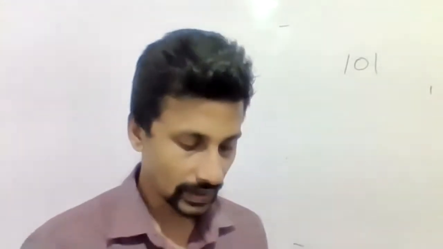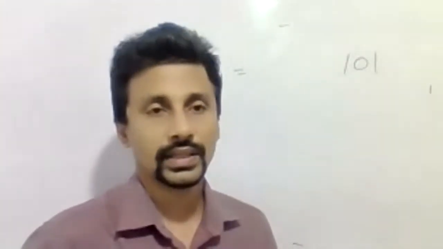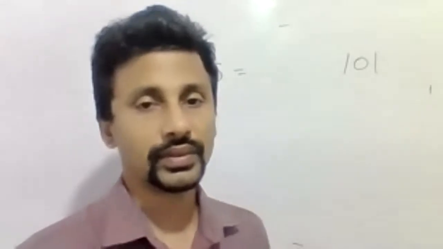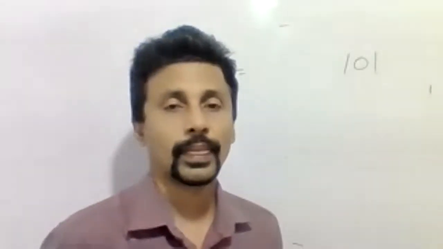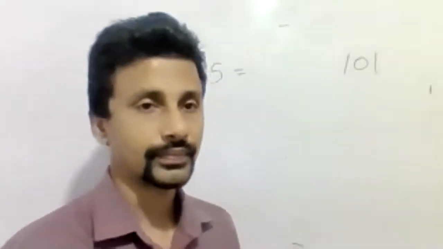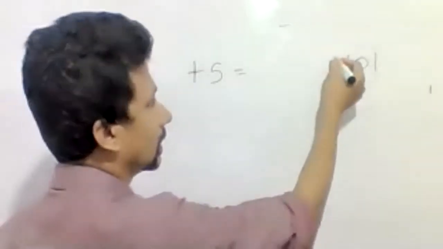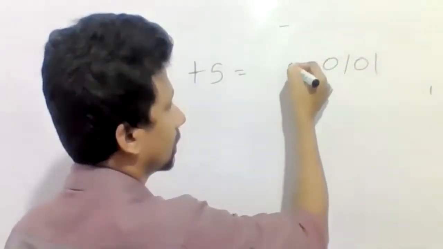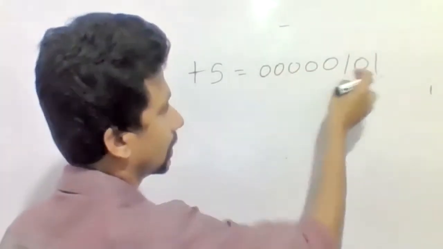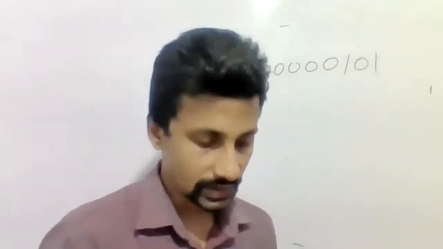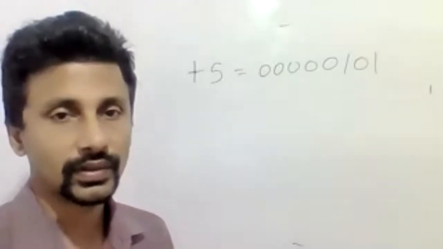But usually we are using 8 bits to represent one's complement and two's complement. Because of that, I will put another 5 zeros, then all together 8 bits are there. This is positive 5.